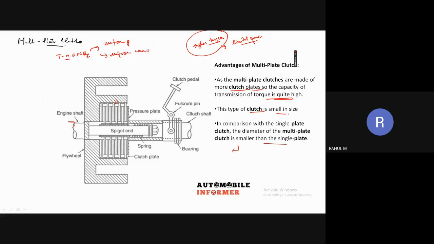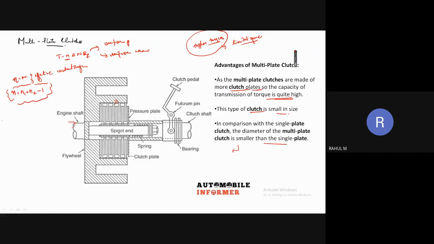The only difference is the number of contact surfaces. Here n is the number of effective contact surfaces. To find this, n is equal to n1 plus n2 minus 1 is the equation. This is the only change for a multiplate clutch.